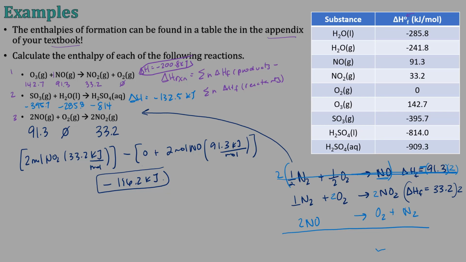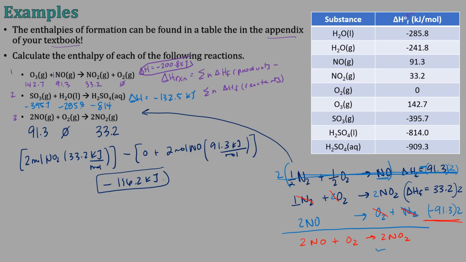So this is gone. So we have negative 91.3 times 2 now for that. So the N2 would cancel out, and one of the O2s would cancel out because we have 2 O2s on the reactant side, 1 O2 on the product side. So to have 2 NO plus O2 goes to 2 NO2s.